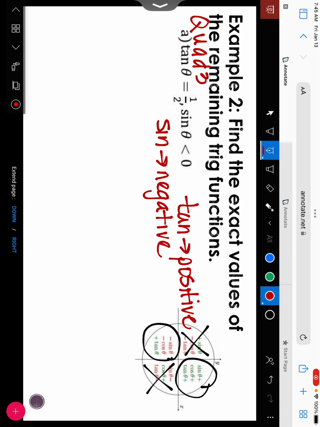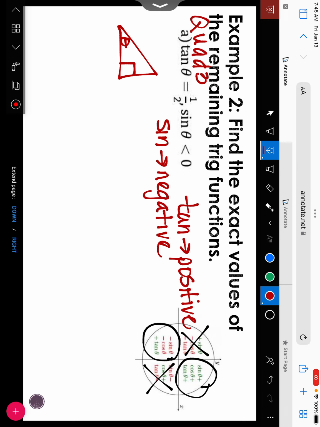So let's go ahead. Now, we got to go back to some geometry, because do you remember what 2 sides of the right triangle tangent uses? Remember how it's opposite, adjacent, and hypotenuse. Does anybody remember what 2 sides we use for tangent? Opposite and adjacent. Good.